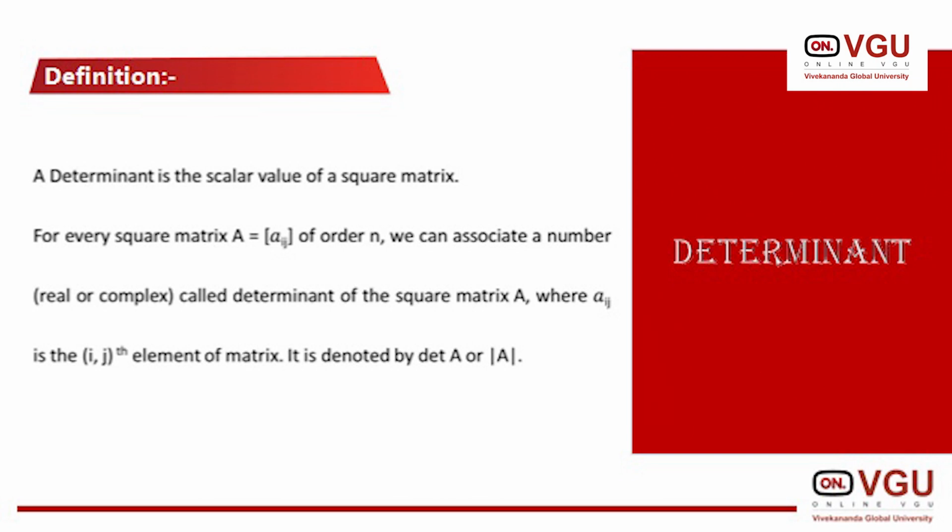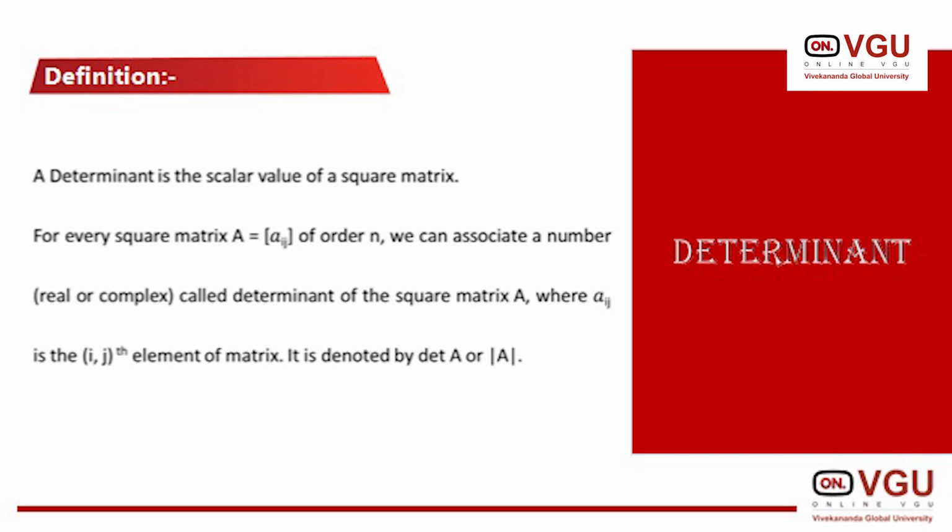So for any square matrix, if we talk about the notation, we generally denote that square matrix with a capital letter, generally capital A, and we denote the elements of the square matrix as Aij, where i is the ith row, j is the jth column.